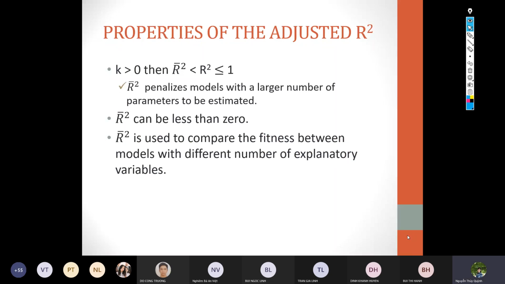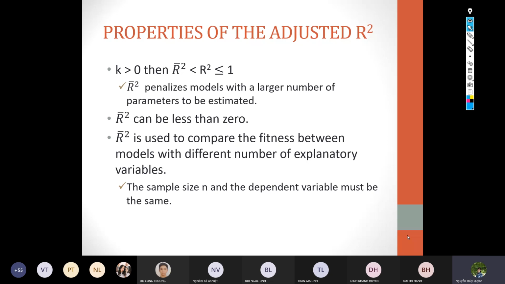The adjusted coefficient of determination is used to compare the goodness of fit between models with different numbers of independent variables, but those models must have the same dependent variable.